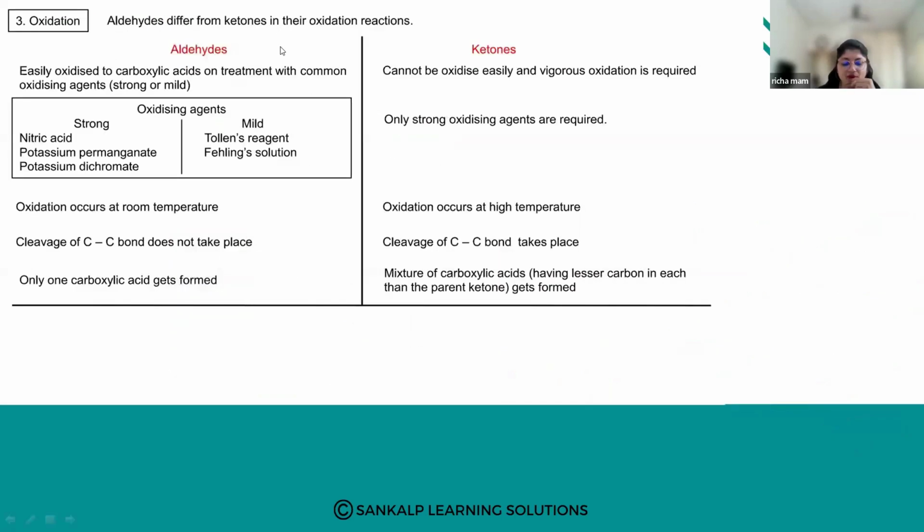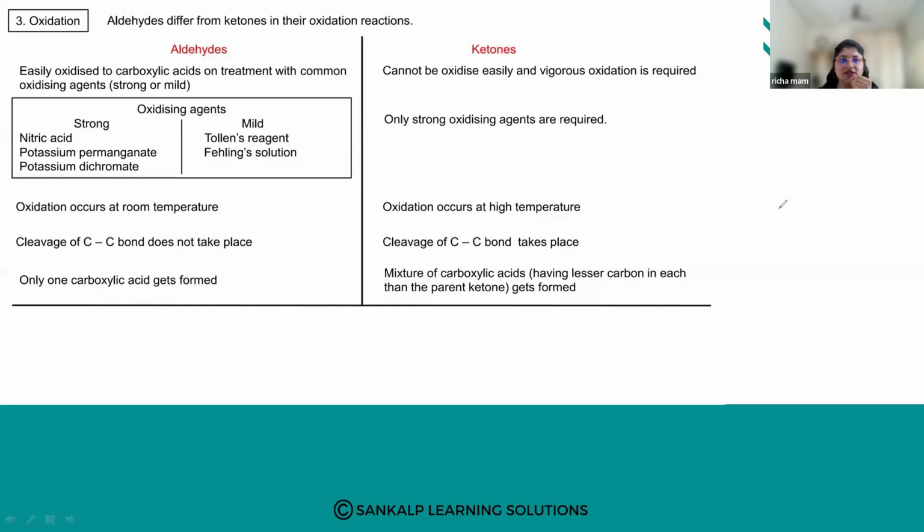Next we are going to do oxidation. Aldehydes and ketones easily get oxidized to carboxylic acid. We can use both strong oxidizing agents as well as weak oxidizing agents. Which are the strong oxidizing agents?